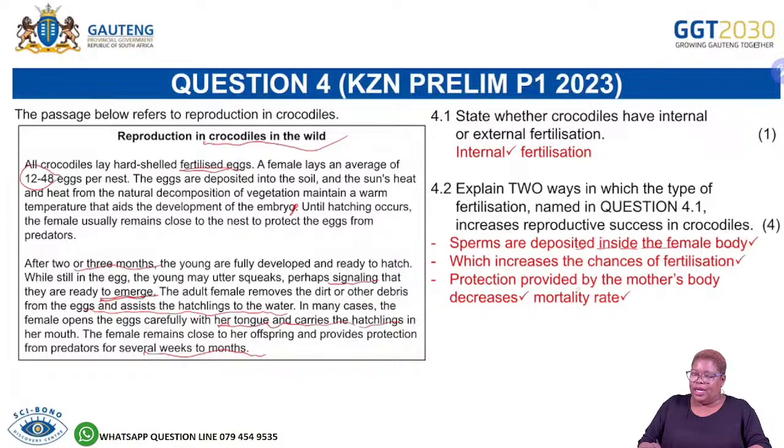Then protection provided by the mother's body decreases the mortality rate. It decreases the death rate. Okay? So once you, as a female, protect the developing embryo, that increases what? Chances of survival. Okay?